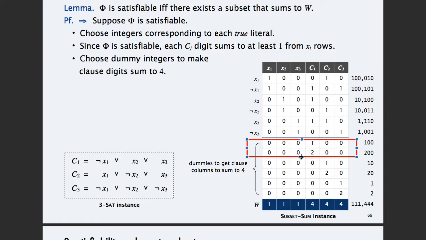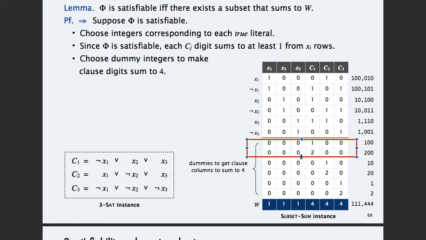If I chose x2 to be false, I'll choose not x2. And if I choose x3, then I'll choose x3 rather than not x3. So you choose the numbers, and then just choose from these other dummy ones so that you add up to 4 here. And they are all independent. They don't have anything on any other column, so it will always work.